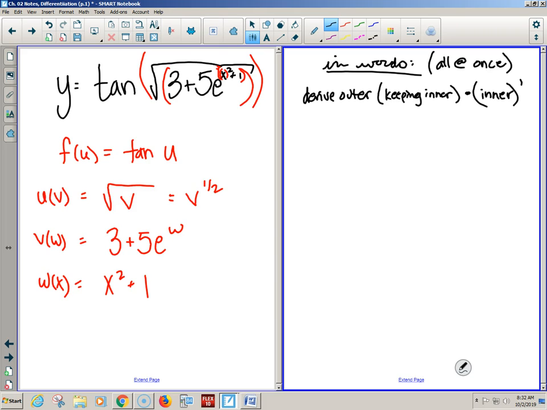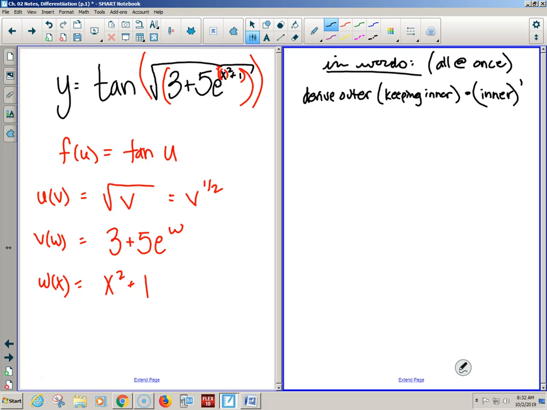In words, the chain rule basically says derive the outer, keeping the inner, and then times the inner prime. I like that. Keeping the inner. And then times, the multiplication breaks it out, times the inner prime.